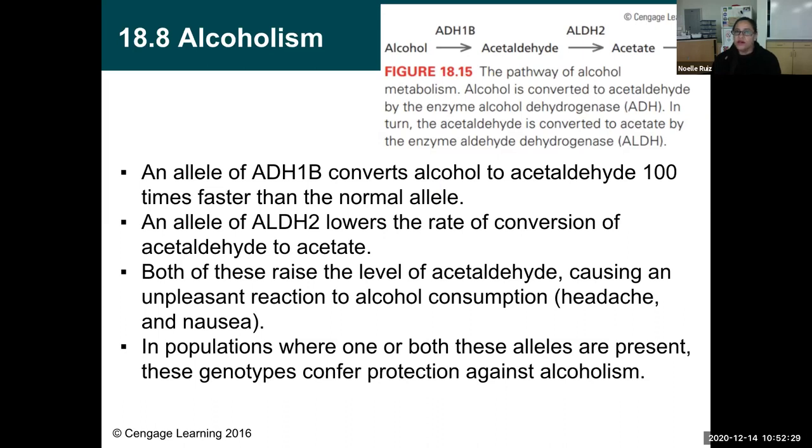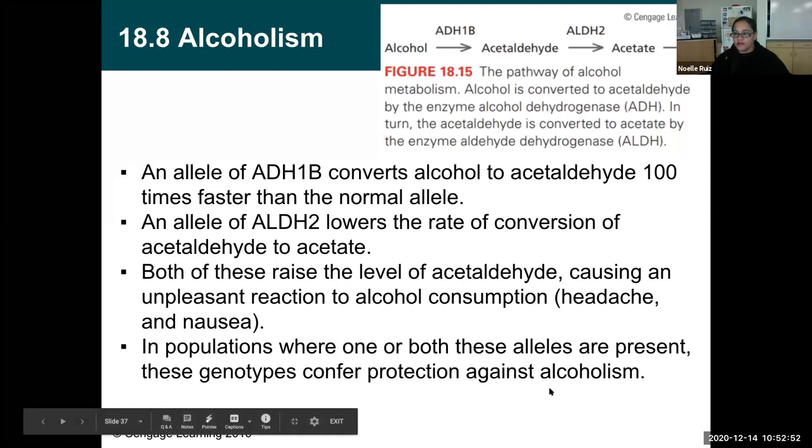So a certain allele of ADH1B converts alcohol to acetaldehyde 100 times faster than the normal allele. And the second one, an allele of ALDH2, lowers the rate of conversion from acetaldehyde to acetate.